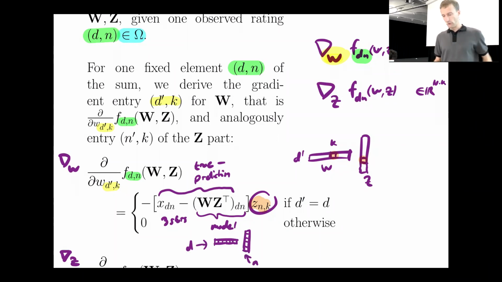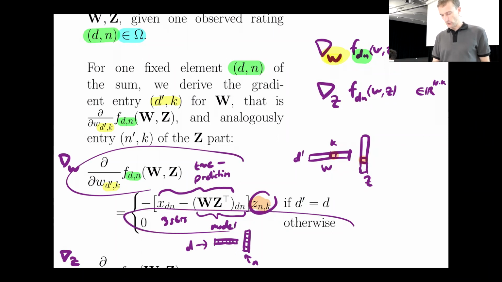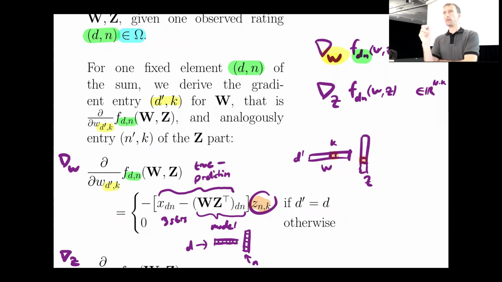Okay, this was one entry of the matrix. And well, the other ones are all 0, right? If you ask about the wrong row. And if you do this for all entries here, we have basically computed it already. We are done, right? So actually, what this is telling you is that this gradient here is just one row.